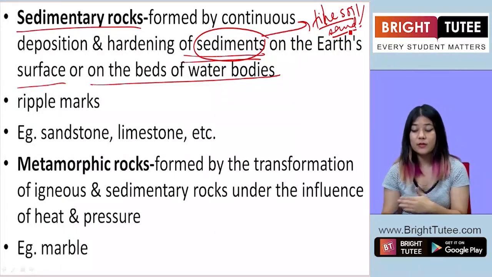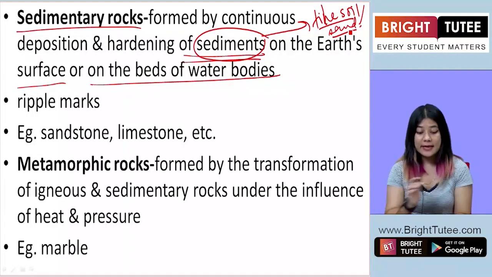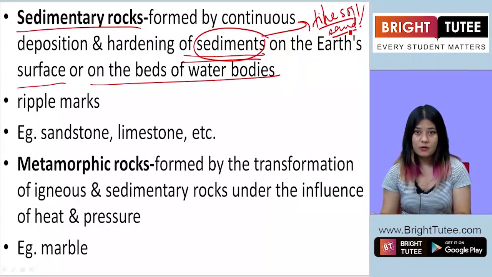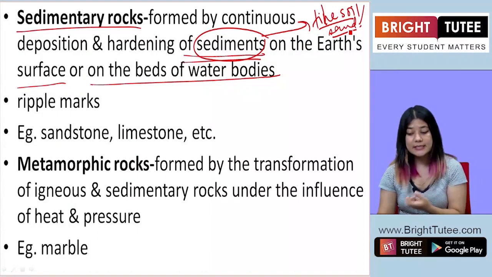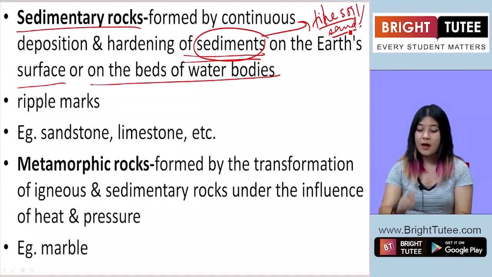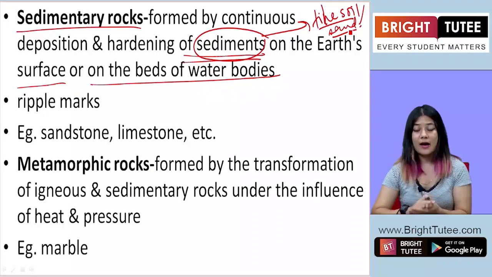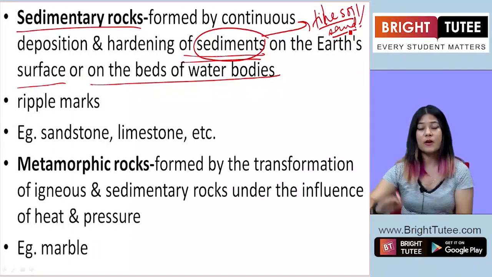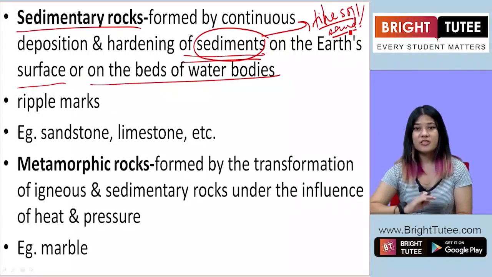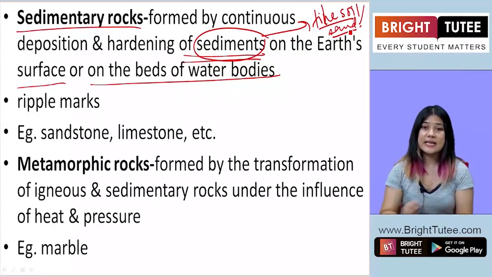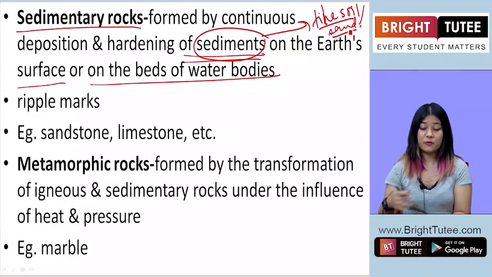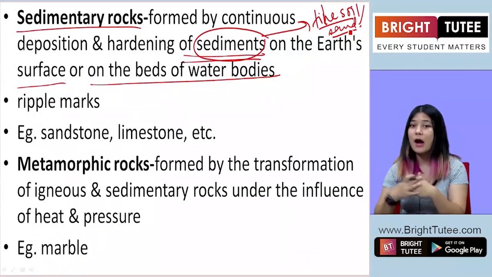Now, imagine that rivers and glaciers, as they flow, carry sediments. They carry silt, they carry sand, they carry soil, etc. All these sediments are deposited over time. This deposition takes thousands of years, and that deposition has to harden.